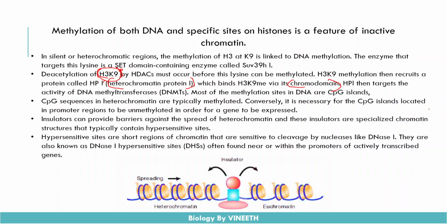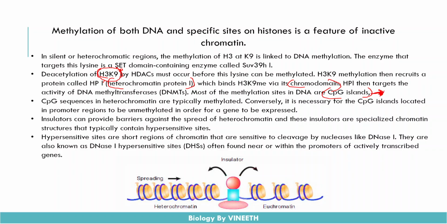HP1 then targets the activity of DNA methyltransferases. Most of the methylated sites on DNA are CpG islands. We know about the cytosine-phosphate-guanine sequences, which we often call CpG islands. They contain a lot of methyl groups, so cytosine carries a methyl group. These CpG islands also play a major role in epigenetics, and they are often present in heterochromatin regions.